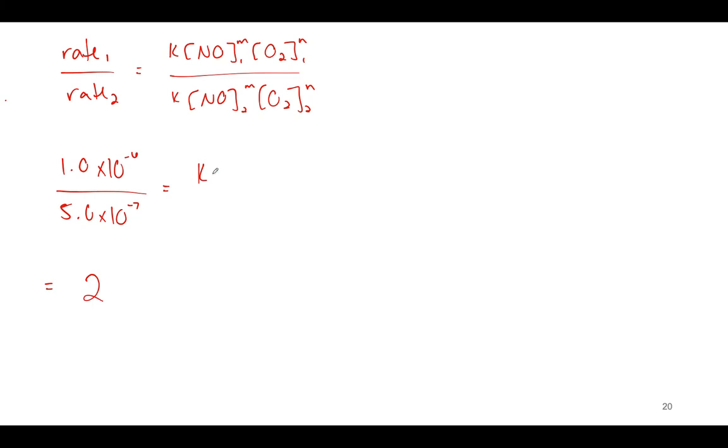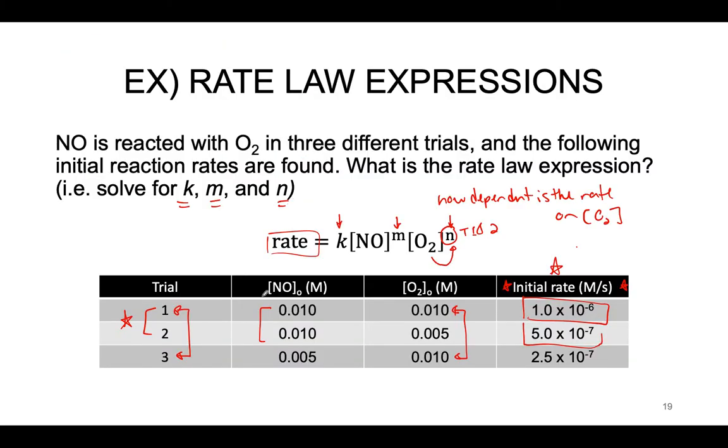Since the rate constant K is a constant, and similarly the concentration of nitrogen monoxide in trial 1 and trial 2 was held constant, taking a constant K, dividing it by a constant K, cancels out, and taking the same concentration of our nitrogen monoxide raised to the M, just to go backwards to confirm, we're taking 0.010 and dividing it by 0.010.